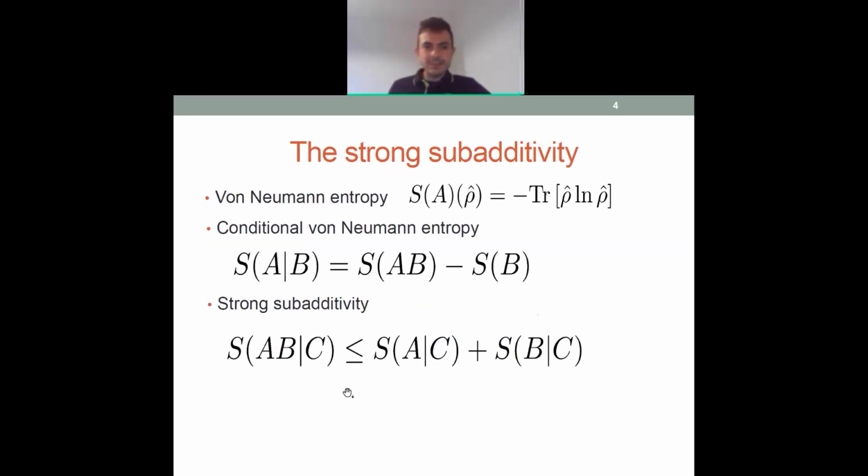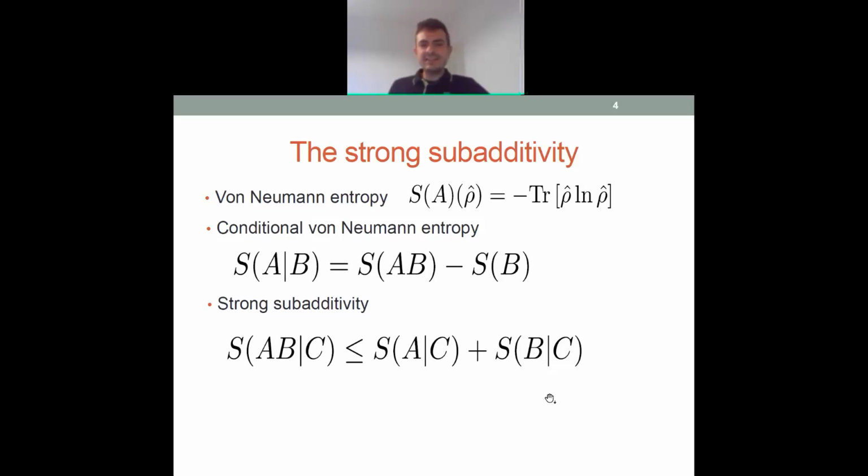So if you compare this problem with the original strong subadditivity, we can see that the inequality has the same form: we are always looking for the maximum of the entropy of the total system minus some linear combination of entropies of subsystems.